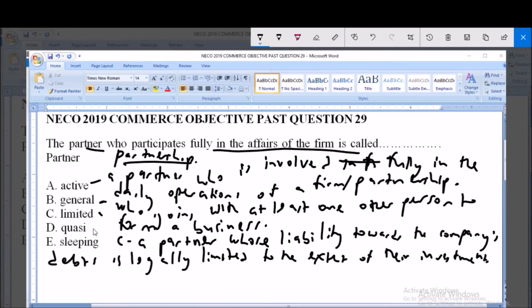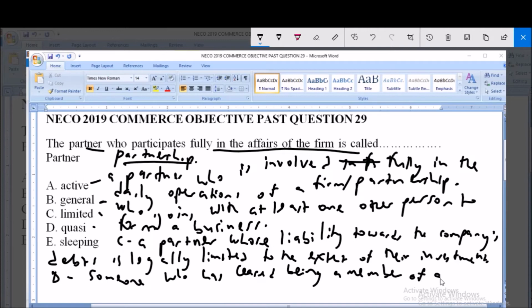Option D, quasi partner, is someone who has ceased being a member of a business but has left his share capital in the business.